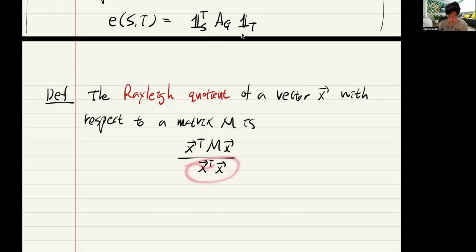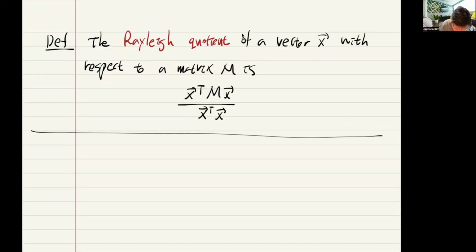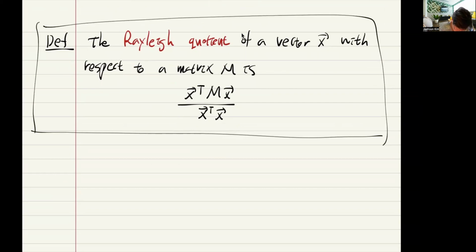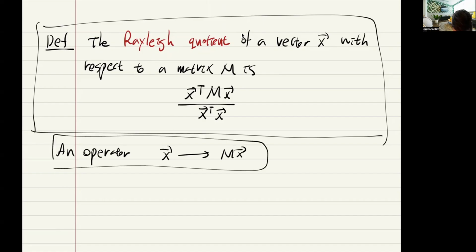On the bottom, it's the same as taking the inner product of x with x, which gives you the norm squared. And this is important, as our matrix M can be considered as an operator, x to Mx. So this matrix corresponds to this operator.